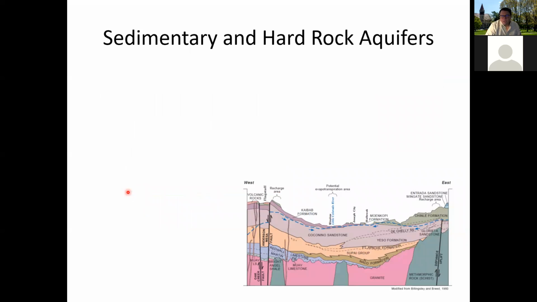The second major form of aquifers are what we call sedimentary or hard rock aquifers. These are areas where sediments were deposited and buried deeply enough to become lithified to rocks, sedimentary rocks, or in some cases they can have some other metamorphic or igneous rocks in those components, but they typically are sedimentary rocks.